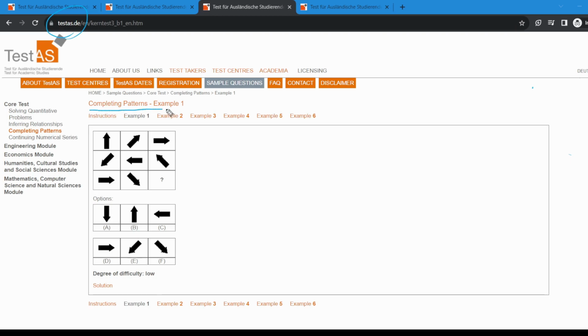Going to our third example, completing patterns. In this type of question, we will be given a figure and we need to find some relationship between the figures and try to solve our question. After observing this figure, what I can see here is the arrow is facing upward, then it rotates 45 degrees clockwise, then again it rotates 45 degrees clockwise. So what exactly is happening here? It is rotating clockwise with 45 degrees of angle.